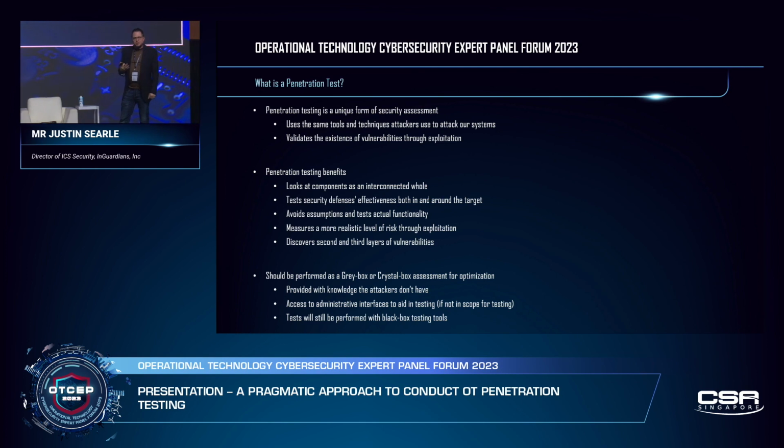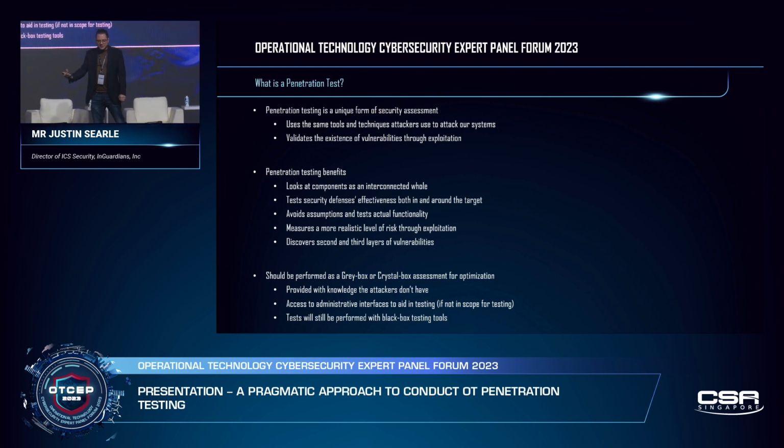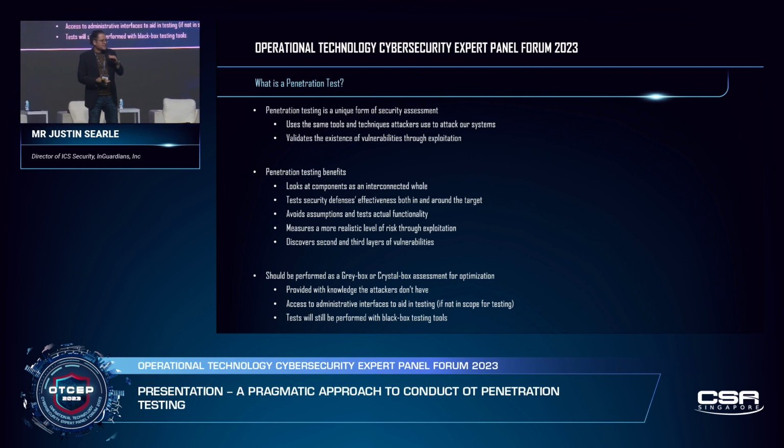Okay? It measures a more realistic level of risk through that exploitation. That's one of the benefits of exploiting it, to try to identify how the component fails. And it discovers additional layers, second and third layers of vulnerabilities. Because when you have a single component or a system, right, that system is made up of several layers of technologies. When you look at configurations for a component that a vendor has provided to you, those configurations are of that system as a whole.